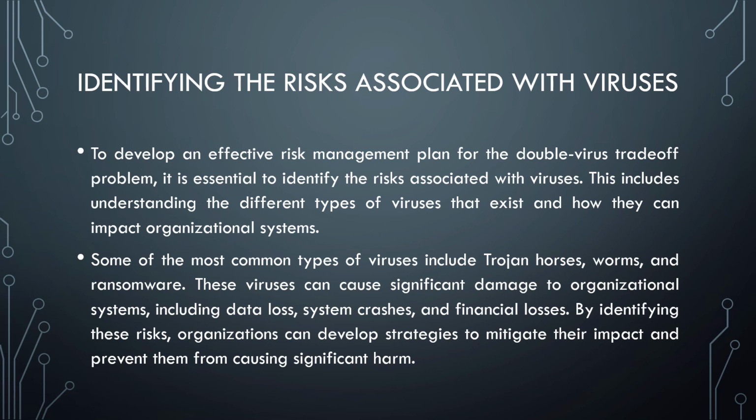Some of the most common types of viruses include Trojan horses, worms, and ransomware. These viruses can cause significant damage to organizational systems, including data loss, system crashes, and financial losses. By identifying these risks, organizations can develop strategies to mitigate their impact and prevent them from causing significant harm.